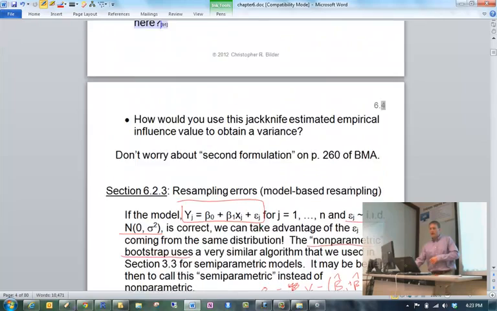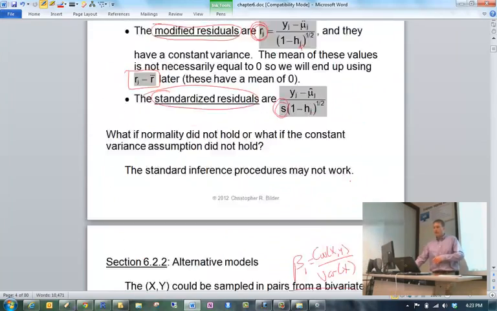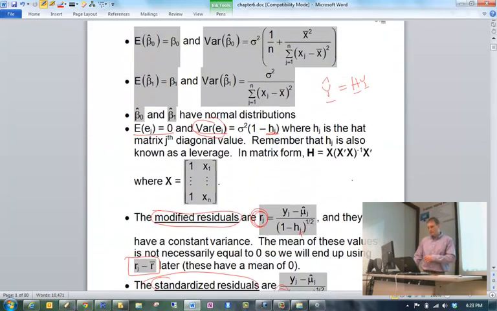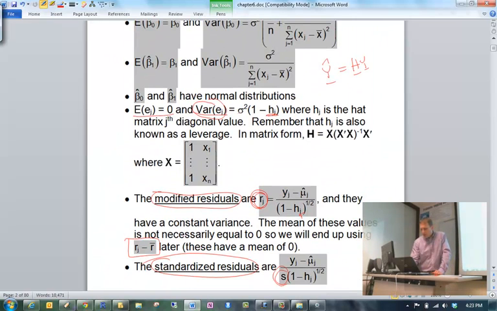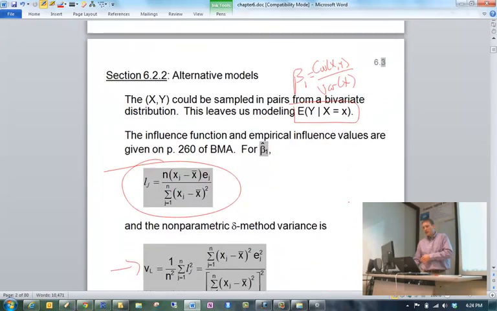Just to reiterate something I mentioned earlier, notice the variance of e sub j. It's not sigma squared. Epsilon, though, has a variance of sigma squared. What has a variance of sigma squared? Just deal with that hat matrix diagonal value part there, and now you do have a variance of sigma squared. So that's why we work with the r sub j's instead of the e sub j's.